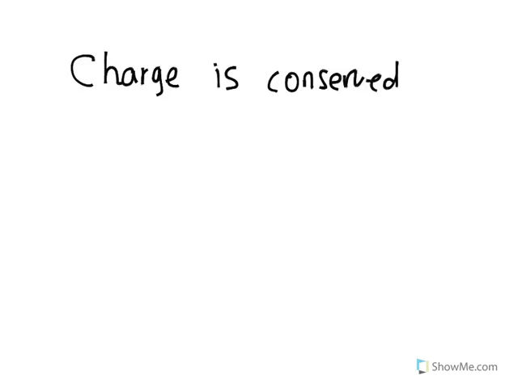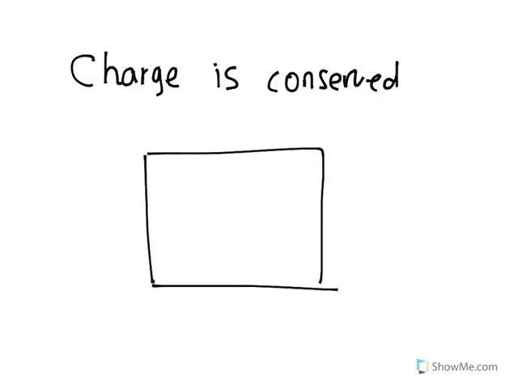There is another very important situation with charge. Charge, as matter, is not created nor destroyed, it is conserved. So it means that in any closed system, I will count the same amount of charges in the system.